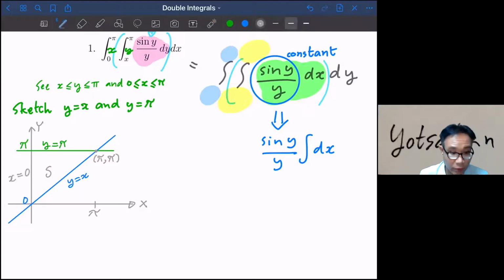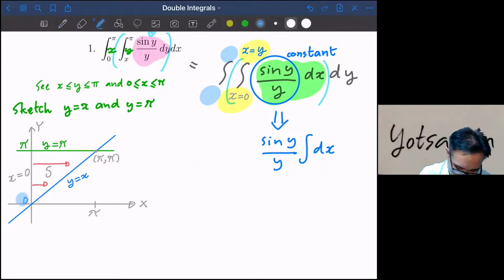So you would get in this direction, from x equal to 0 to x equal to y. So x equal to 0 to x equal to y, and the blue guy will cover y.